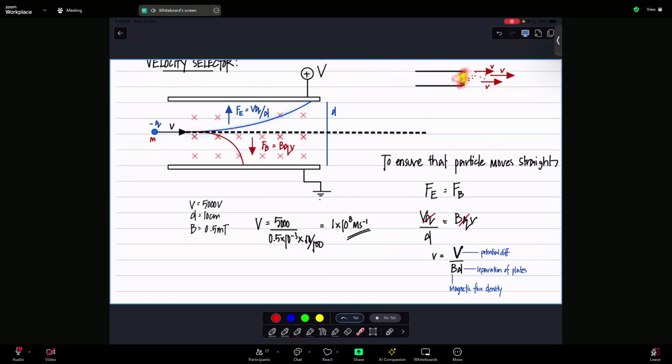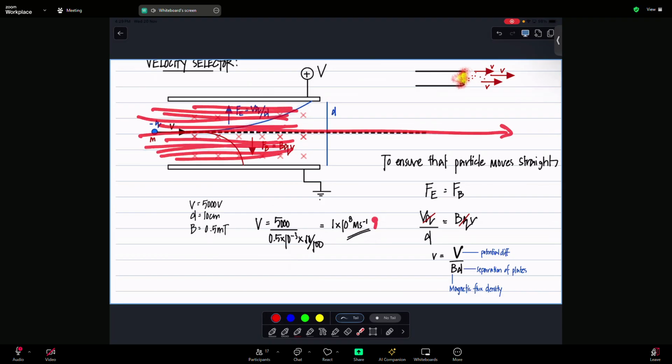If the velocity increases, the force becomes greater, so the particle will start to go which way? Down. And if the velocity is less than this value, then the other force becomes more, and which way does the particle end up? Up. Only at this velocity, where will your particle go? Straight through. So you can send as many particles as you want here at any speed you want, but only the particle that comes out will have this speed.